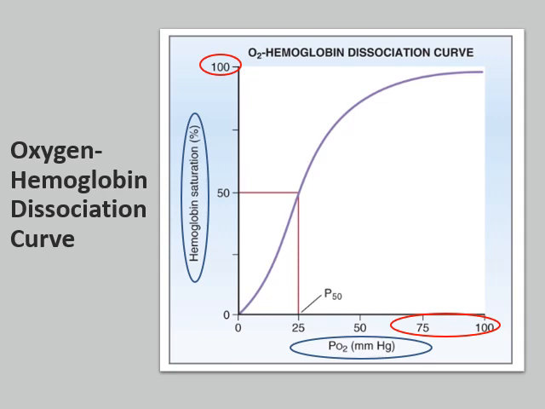A significant point on the oxygen hemoglobin dissociation curve is the P50. By definition, P50 is the partial pressure of oxygen at which the hemoglobin is 50% saturated. That's to say, where 2 of the 4 heme groups are bound to oxygen. A change in the value of P50 is used as an indicator for a change in the affinity of hemoglobin for oxygen.